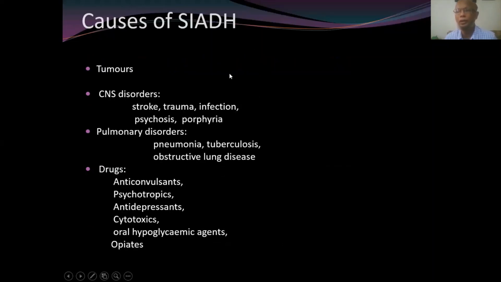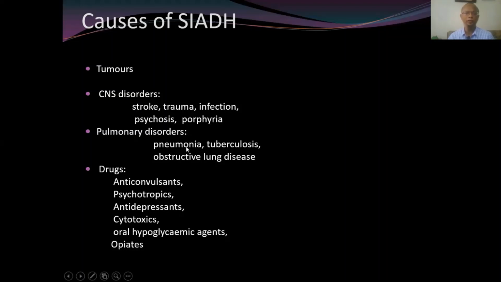Now, what are the causes of syndrome of inappropriate ADH secretion? There may be some questions even in your written exam. It may be due to tumors, say bronchogenic carcinoma or any other tumors. CNS disorder, either due to stroke, infection, head injury, psychosis or porphyria.